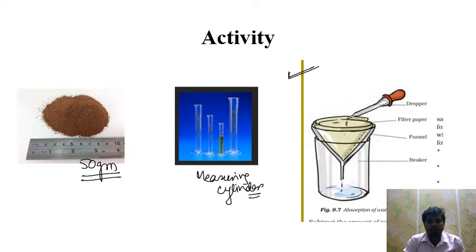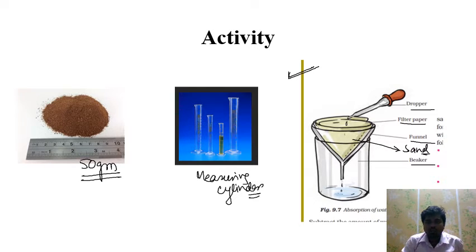It is a very simple setup: this is a beaker, there is a funnel, there is a filter paper in the funnel, and there is a dropper. And in the funnel there is sand. By the dropper we are going to put a few drops of water drop by drop.